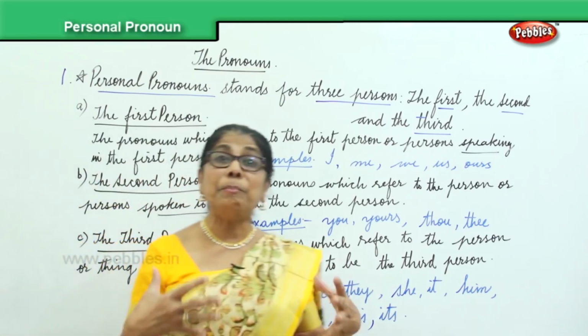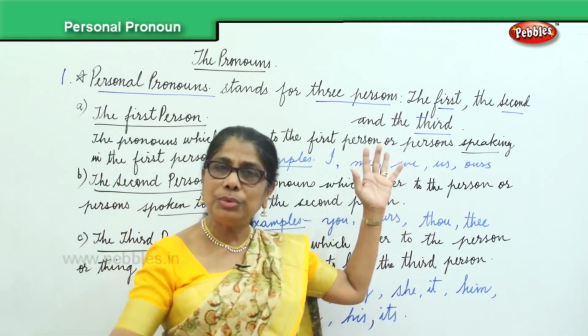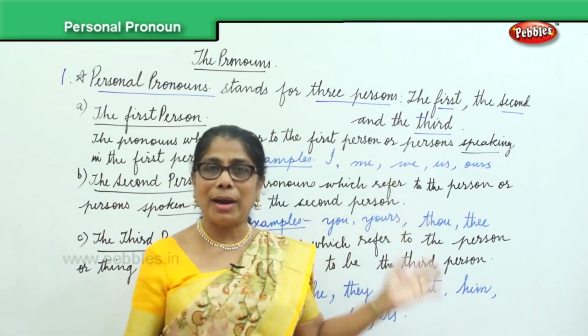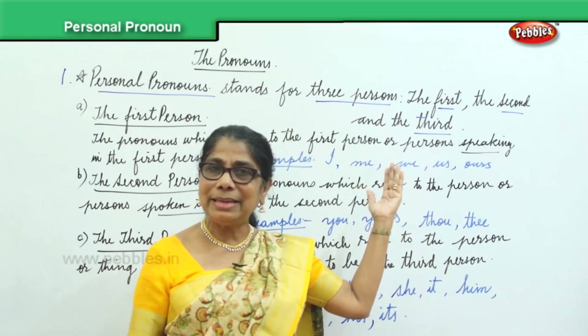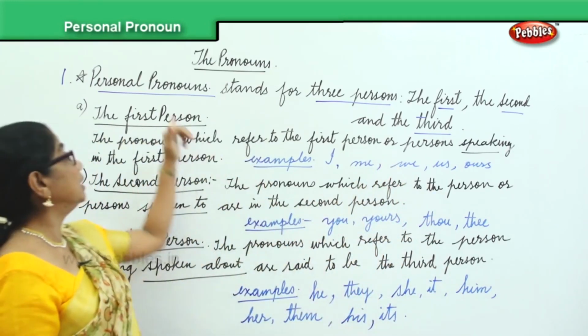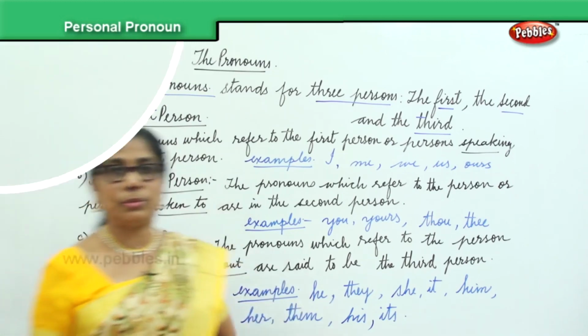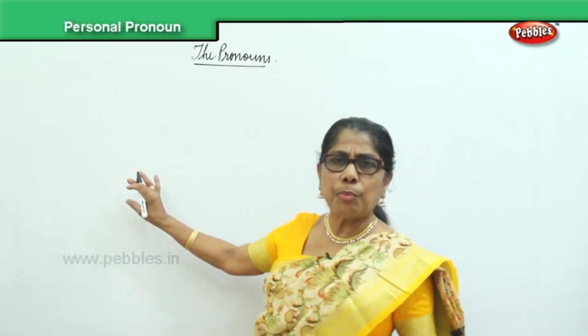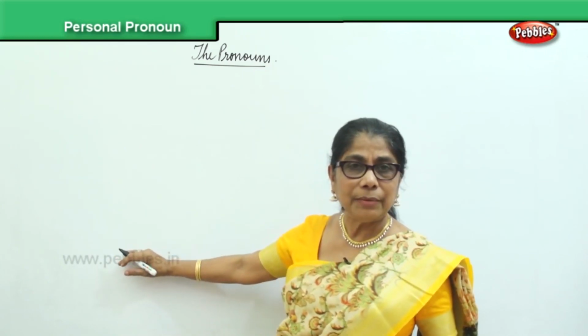We will do some exercises for us to understand the first, second, and third person of the personal pronouns. Now I'll show you a small tabulation, first, second, third person for singular and plural, and how we use them, and later we will do some small exercises to understand better.